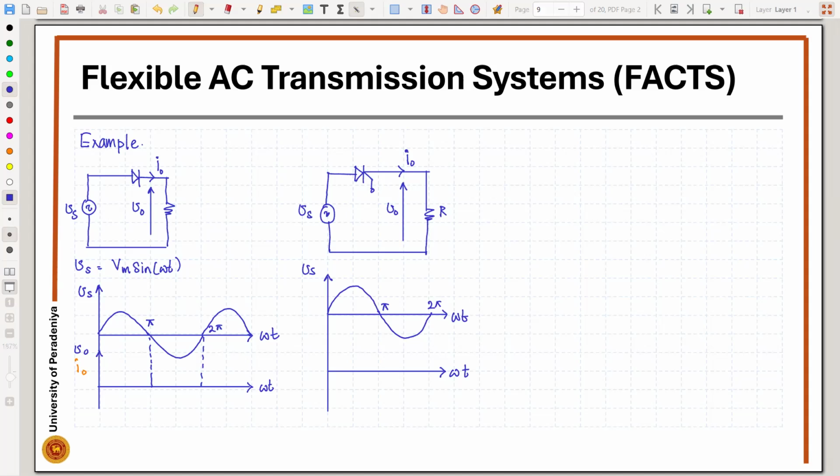So can someone show the voltage and current waveform for the diode circuit?